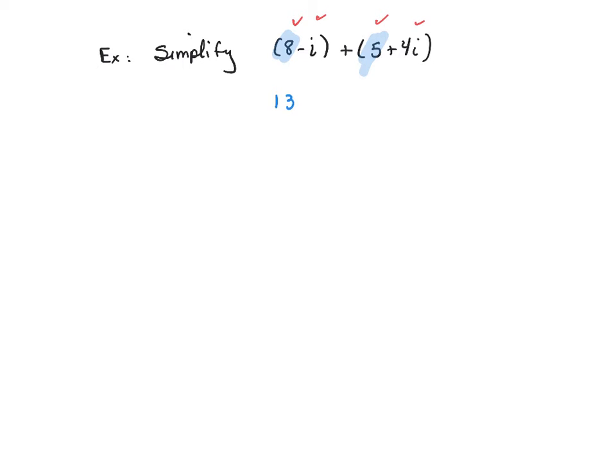And then you add the imaginary part, negative i plus 4i. That's 3i. Negative 1i, think of it as a 1 in front of the i. Negative 1 plus 4 is 3. And that's it. You cannot add the real and the imaginary part together, so you are done. Add real to real and imaginary to imaginary.